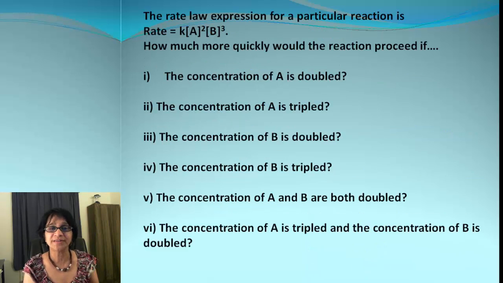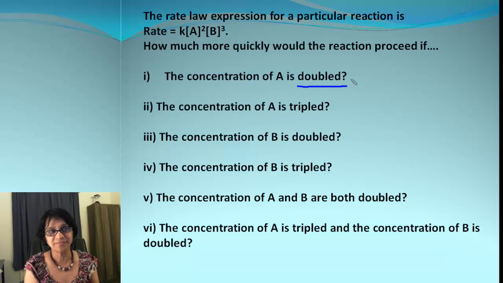Let's go back to our equation for the rate law, in which rate was equal to K times [A] to the power 2 and [B] to the power 3. That means the order is 2 with respect to A and 3 with respect to B. In the situations given here, let's find out what is the effect on the rate of the chemical reaction.